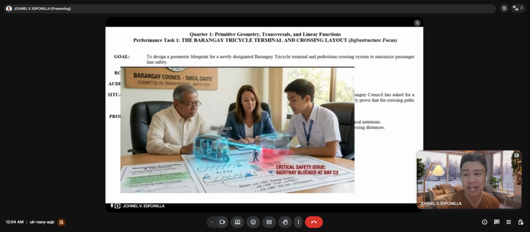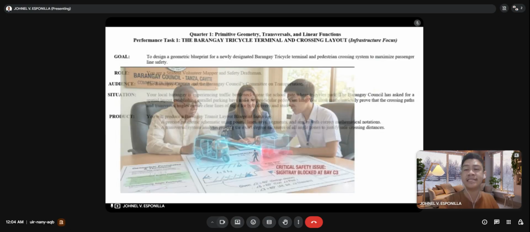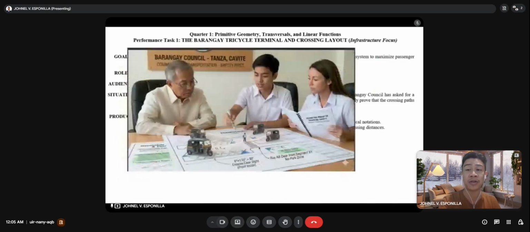If yes, you've just created a blind spot and a student could get hurt. In your design, think about how you can use spacing, angles, or no parking zones, which you can represent as specific geometric segments, to clear those blind spots. You need to explain in your final write-up why the angles you chose ensure that both drivers and pedestrians have a clear, safe line of sight.